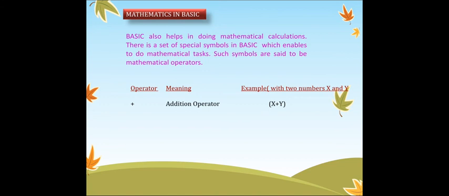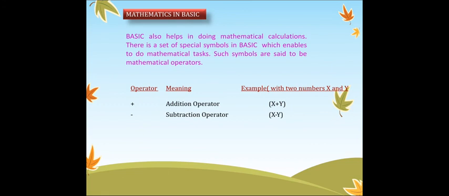One denotes the operator, another denotes the meaning of that operator, and the third an example with two variables, that is x and y. Let us see the first operator, that is addition, the plus sign, meaning this is the addition operator, and third, we are going to add two variables, that is x plus y. Next, the subtraction operator. The sign is minus.